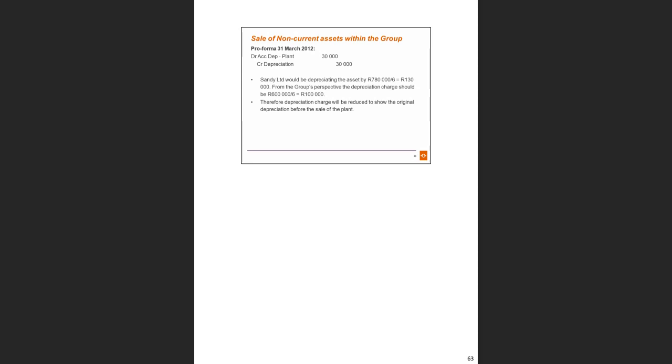Sandy is depreciating it based on its new cost of 130,000 at 130,000 Rand of depreciation. So we want to pretend that the sale never took place. So we want to record the depreciation at 100,000. Therefore, we are simply reducing the depreciation processed by Sandy by going debit accumulated depreciation, credit depreciation.